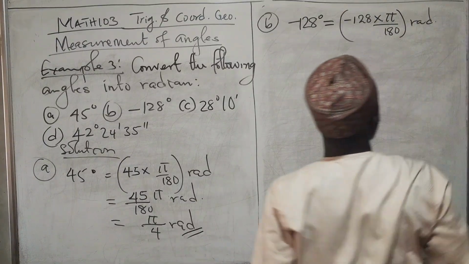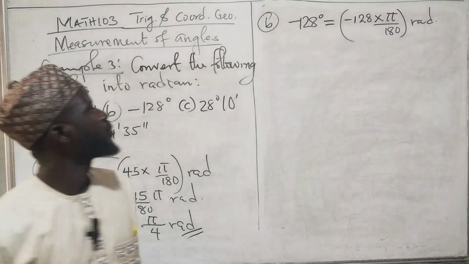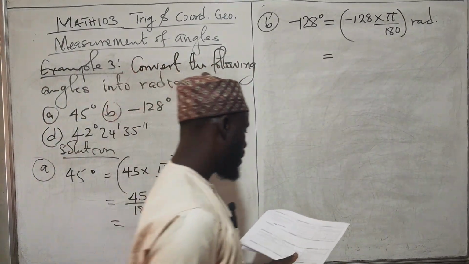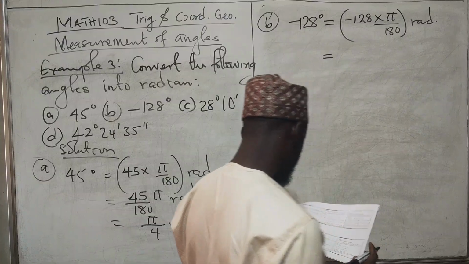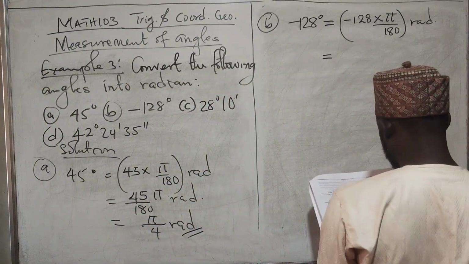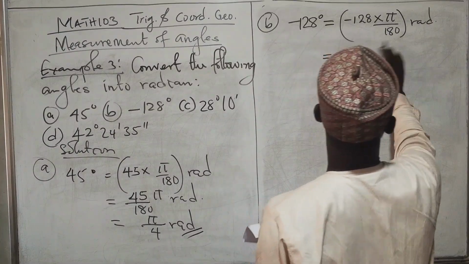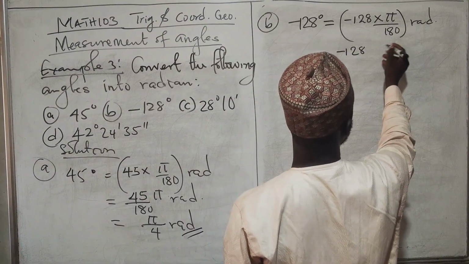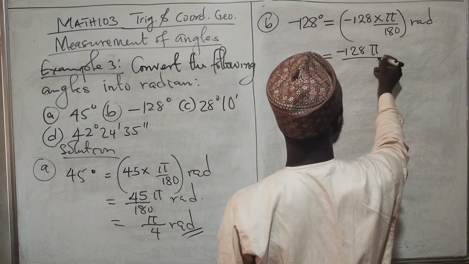So to do that, we are going to do the multiplication. After cancellation, this is minus 128 pi over 180, in radian.